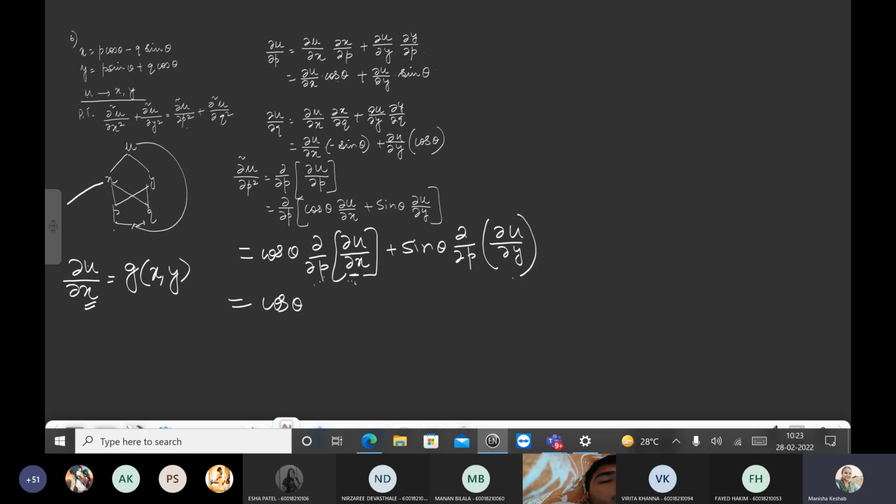Now del p of del u del x is nothing but del p of g, isn't it, or you can say del g del p. So what is del g del p then? p is a function of x and y and we want to differentiate now g with respect to p, correct?